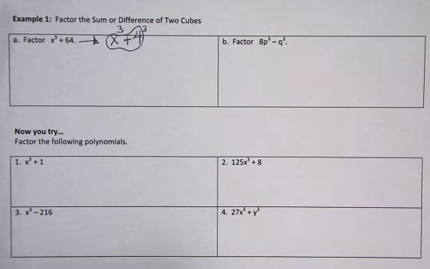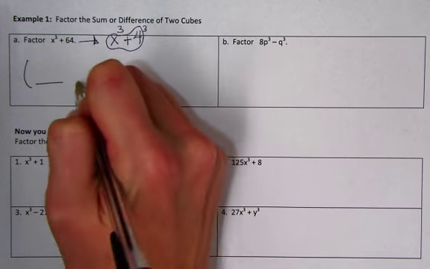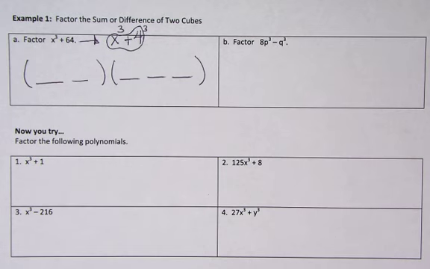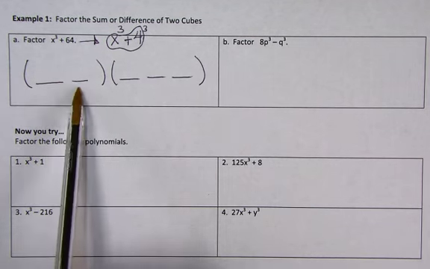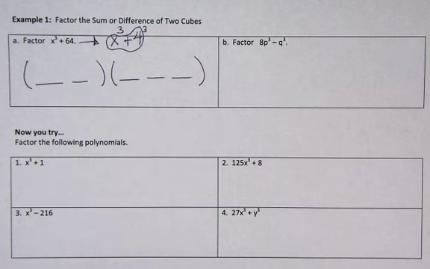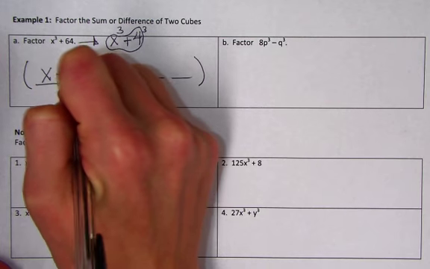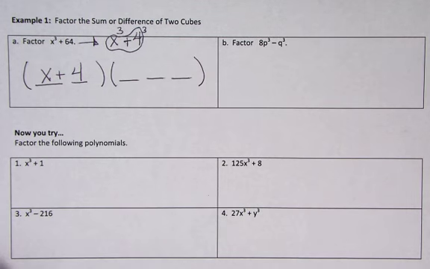My pattern for setting up our factor is that our first group has 2 dashes and my second group has 3 dashes. In my first 2 dashes, it's just the values that I circled out from my original cube.